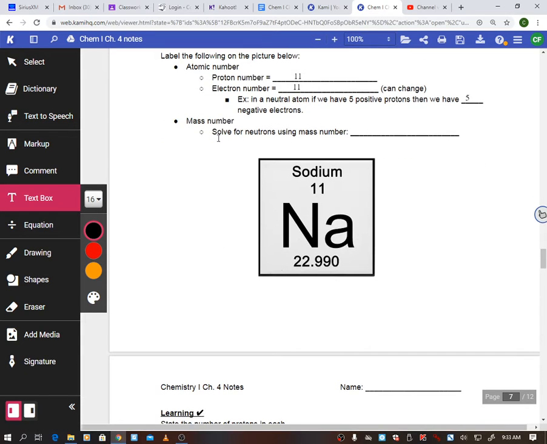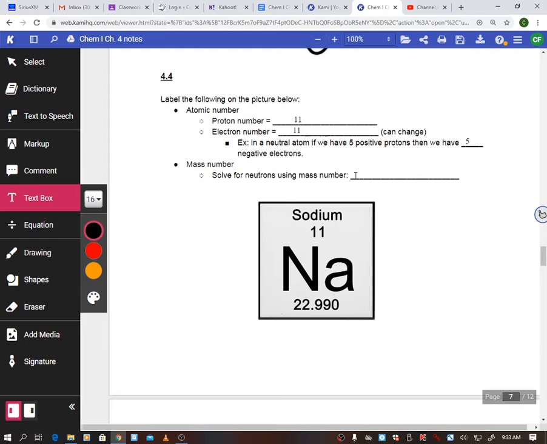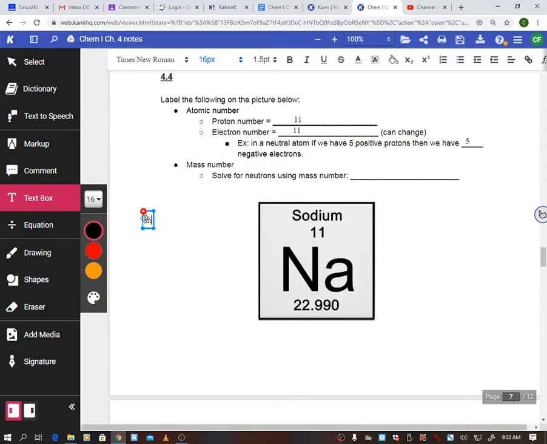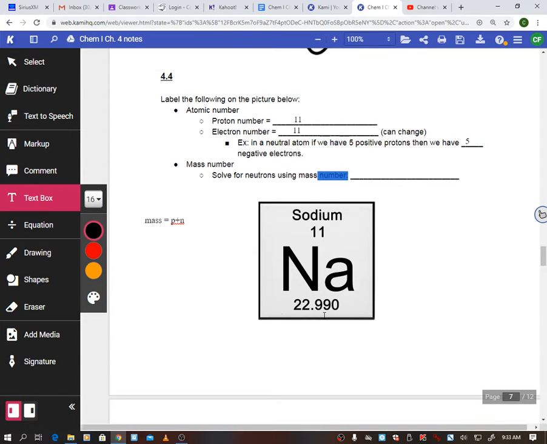Alright, so mass number. Solve for neutrons using the mass number. Remember, and I'm going to write this off to the side here, mass equals protons plus neutrons. My mass is 23. We're always going to round on that. These numbers we'll learn later anyway, this 22.990 is just an average.